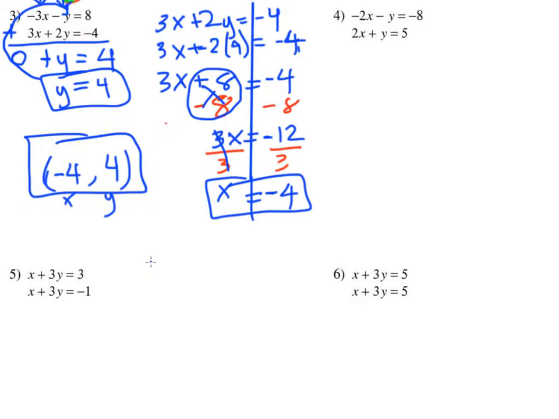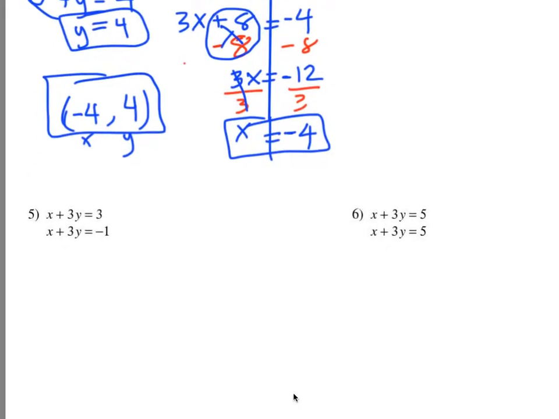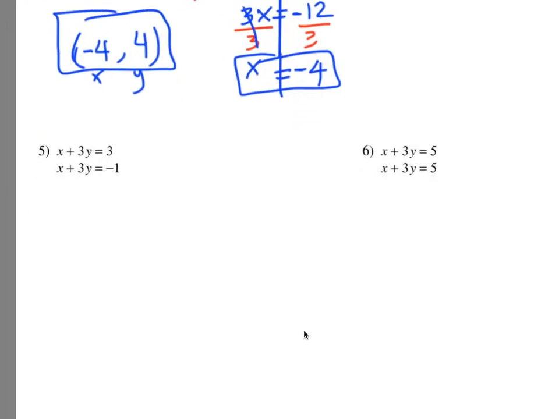Let's take a look at number 5. Again, we want to multiply to create opposites.